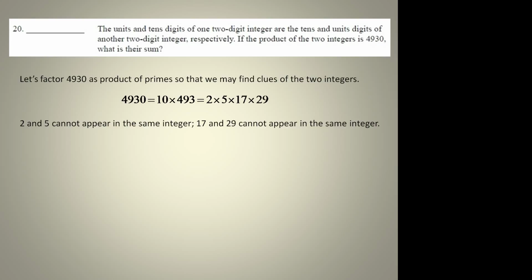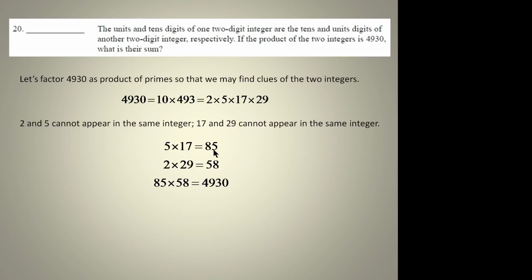That would be wrong. So 2 will be in one of them, 5 will be in the other. Then you just try 17 or 29 with each. If you try 29 with 5, 29 times 5 will be a three-digit number. That will not work. The only way it works will be 5 times 17. The other number is 2 times 29.